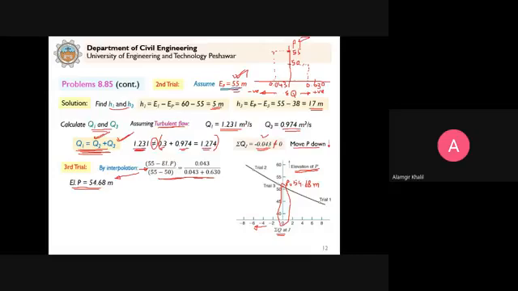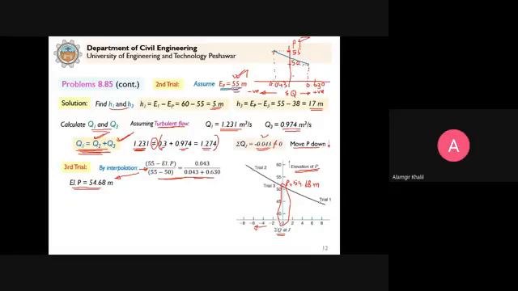So now what we do is I will join these two points. You can see here, one is this point and one is this point.